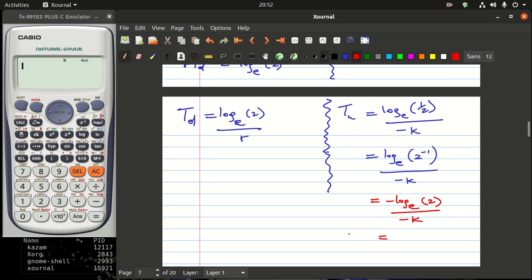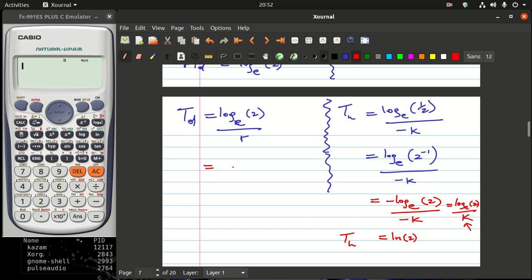And your final answer now will be th is equal to this, and this minus and that minus will go away, and then we end up having log e of 2. Log e means ln, and then you have a 2 there. Or you can just say this is the same as log e of 2 all over some k there, where this is a decay constant or a growth rate.